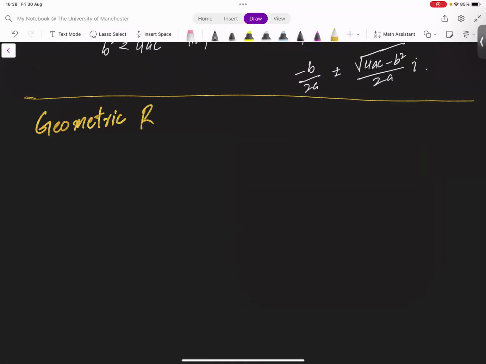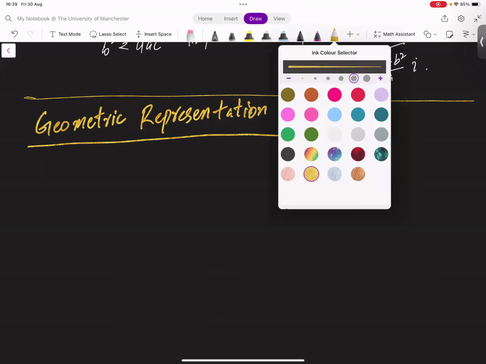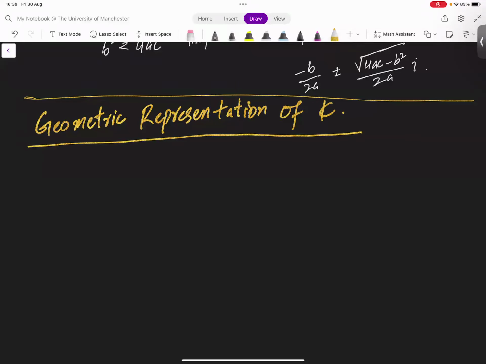Geometrical representation of complex numbers. Now, we know that it turns out to be a very fruitful idea to represent a complex number by points in the xy plane.